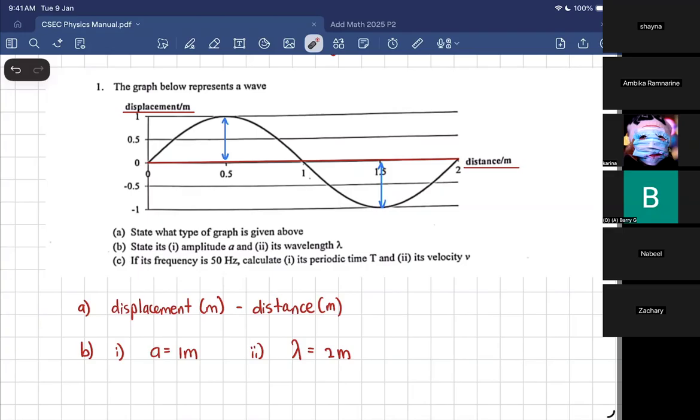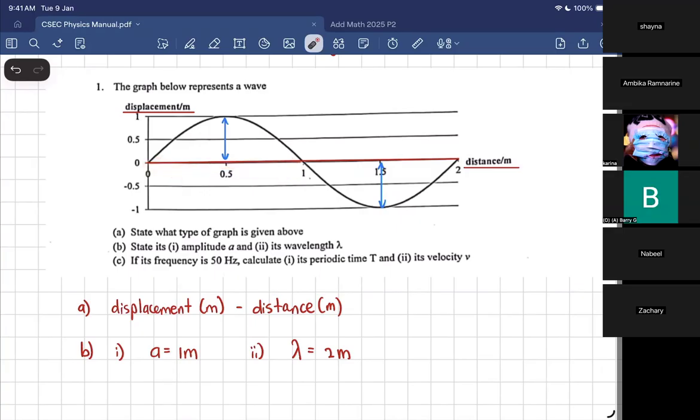Okay. So Nabil, how would this be then? Would that be like a quarter of my wavelength, half my wavelength? What do you think that would be? Half? Yeah, that'll be half the wavelength.